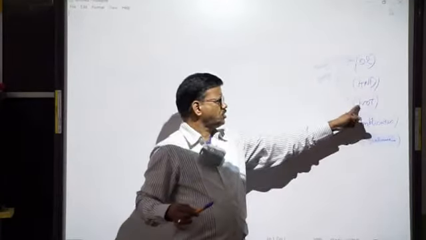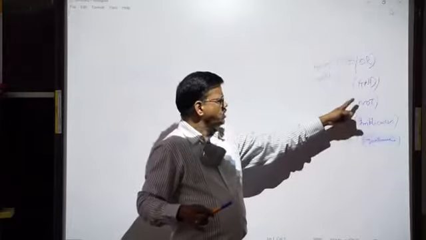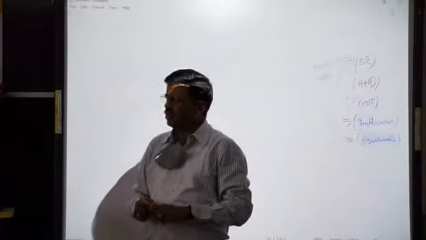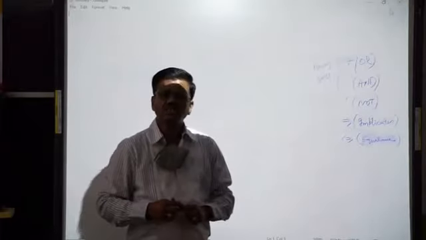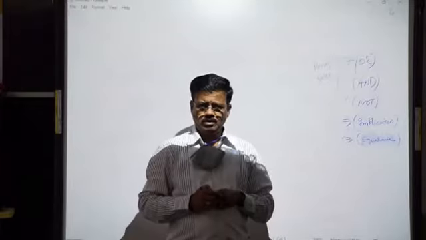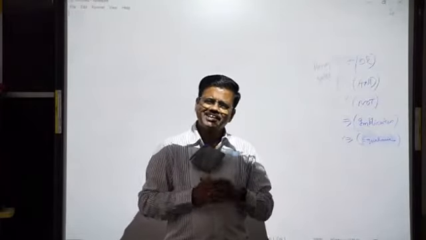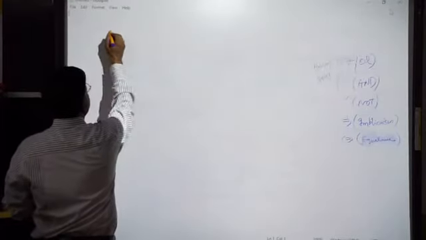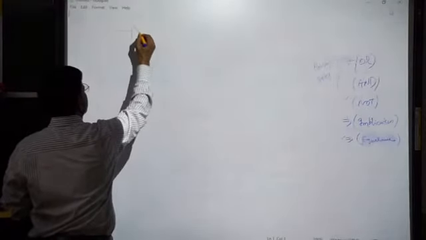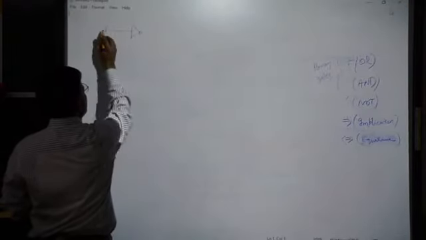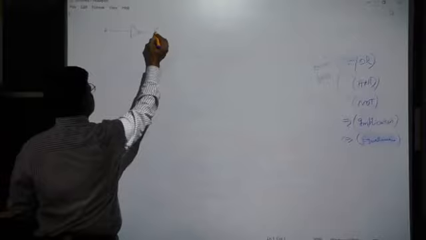Now I am going to teach you this. These two we have seen in the previous class. I am going to teach you the rest of the 3. NOT gate. NOT is called a unitary gate or unary gate. I will give you an example. I will show you this. The diagram will be of this pattern. If this is A, when it goes through the circuit, it becomes A complement.